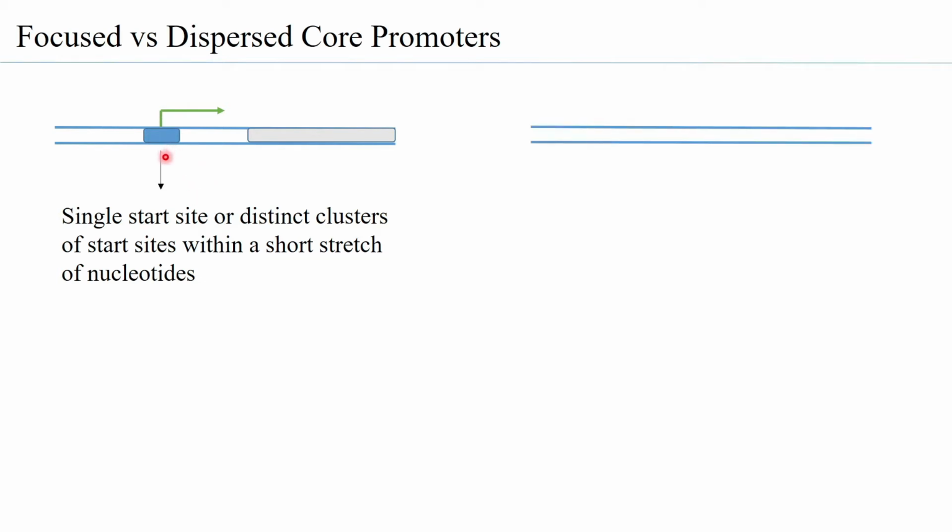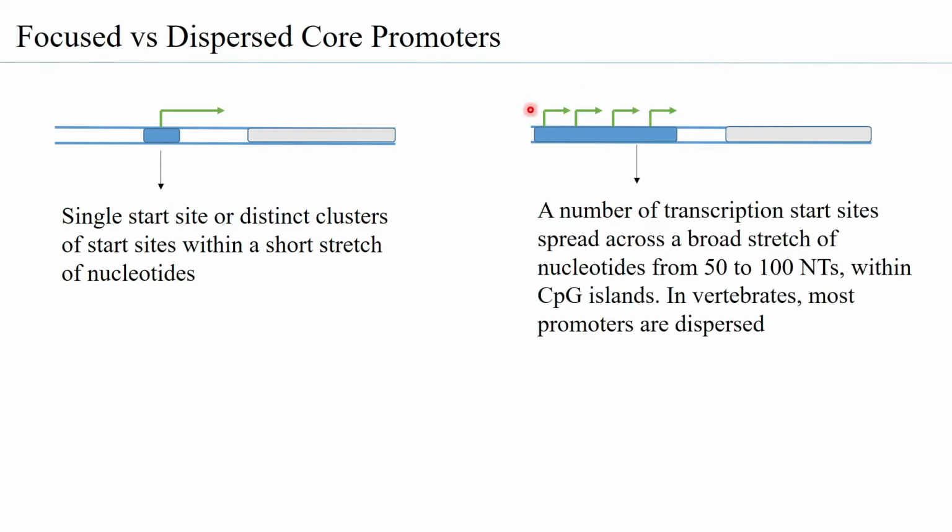When you compare that with the dispersed core promoters, again you have the gene that has to be expressed and you will find that it is not as focused. So you will have a long stretch of DNA containing multiple start sites from which you can have the transcription initiation beginning. And this can range anywhere from 50 to 100 nucleotides. Also interesting to observe is that these have been found to have what are called CpG islands.